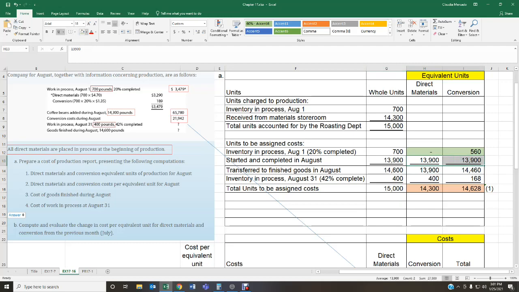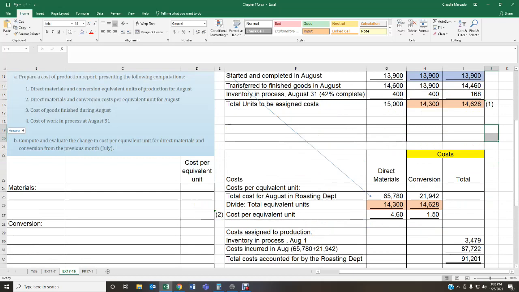So I'm going to highlight this another color, maybe a blue. So I've got my 13,900. I've got for direct materials 13,900, for conversion 13,900. These represent the coffee beans that were started and completed during the month of August. Okay, I'm going to get those 13,900 and I'm going to multiply them respectively against the 460 and the $1.50.